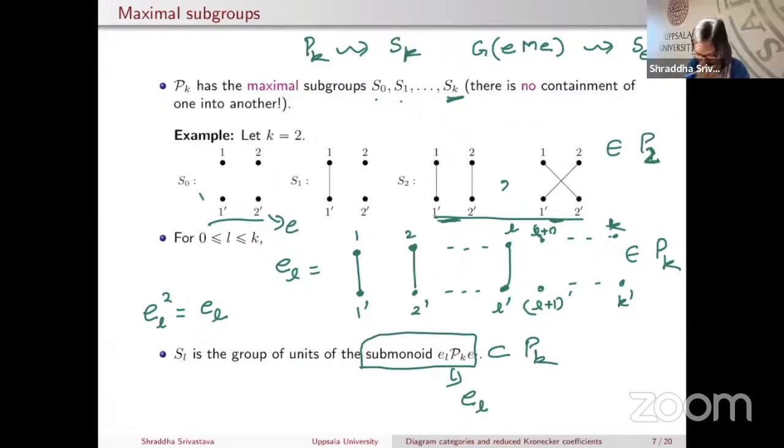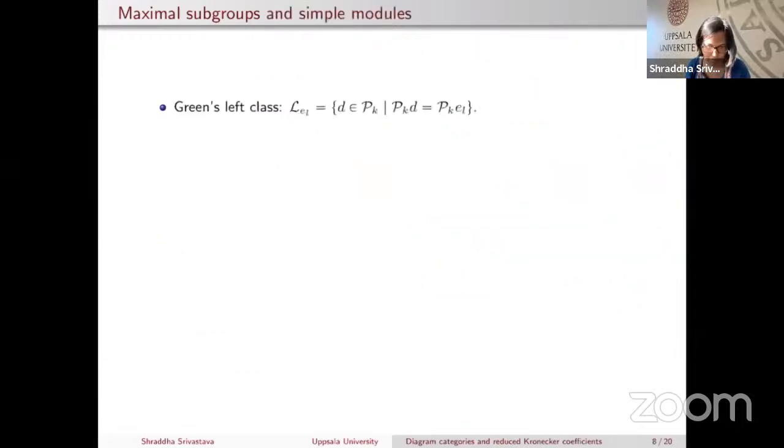Okay, so from the representation theory of these maximal subgroups, we can actually construct these simple modules. In the theory of monoids, what is important is Green's equivalence classes of left-right relations.